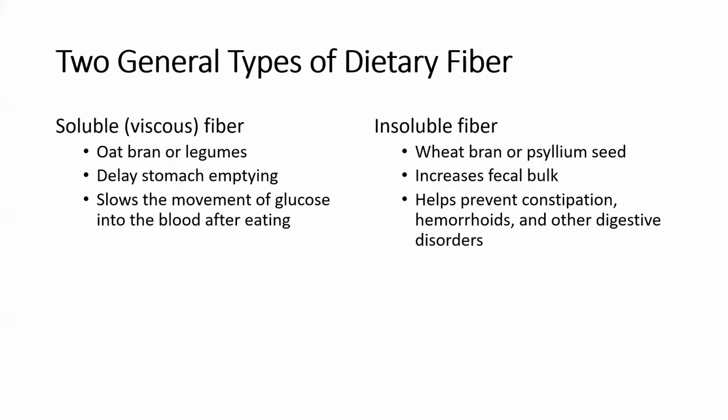The faster it goes through your intestines, the less time you have to absorb, especially those micronutrients. So we want to slow down the movement of glucose into the blood after we eat these kinds of foods so that we don't have that giant insulin spike, unless we want that, which we can play around with. We can talk more about that in lab. But if we're trying to have something like a breakfast, lunch, dinner, we want to shoot for more fiber in those.